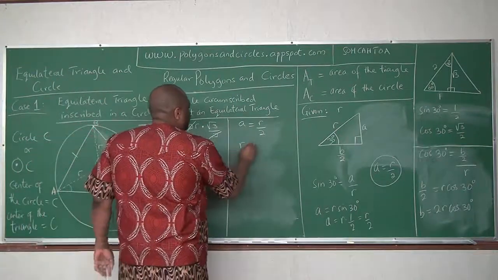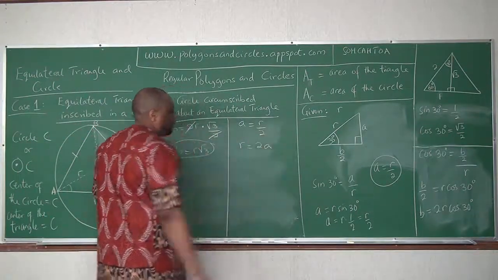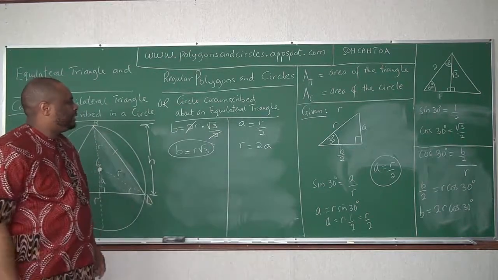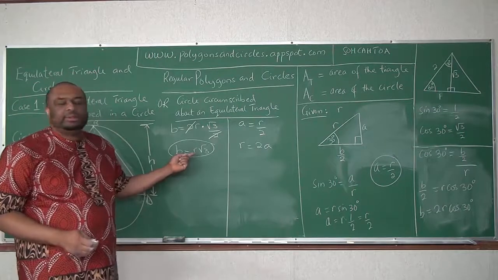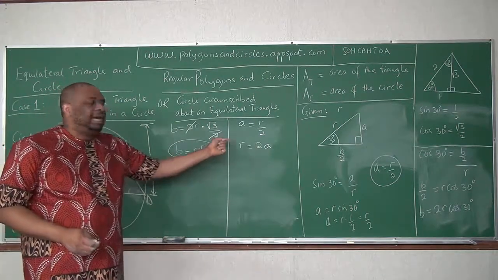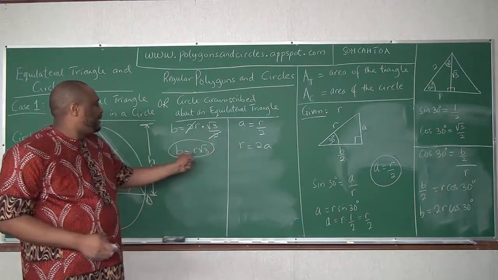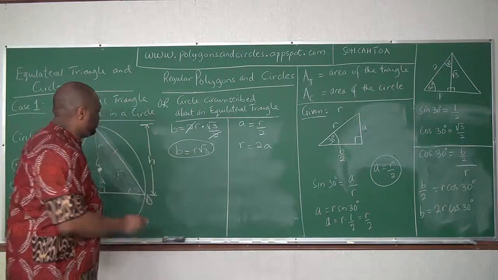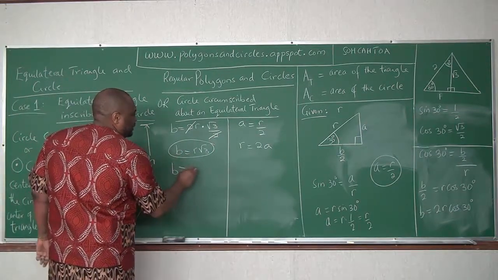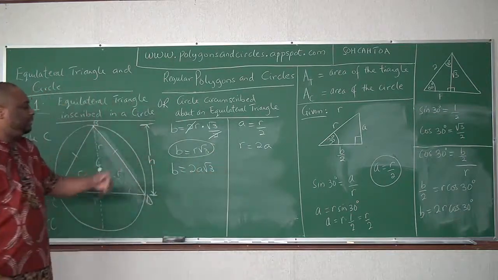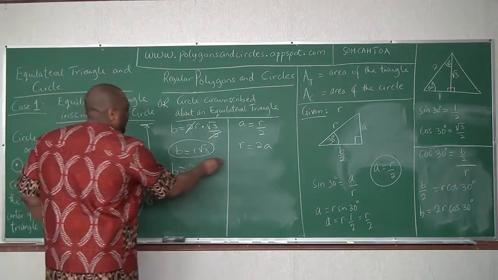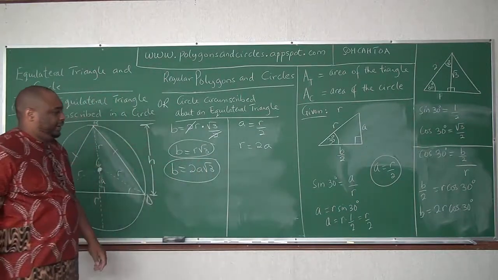So the radius is 2 times the apothem. So even if you're given only the apothem, you can also find the base. You just substitute. That base, with r as 2a, is 2a root 3. That's it. The base is 2 times the apothem root 3.